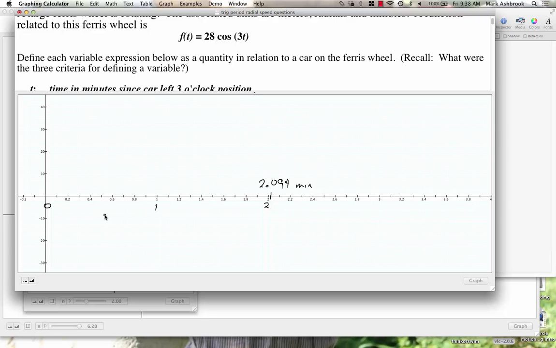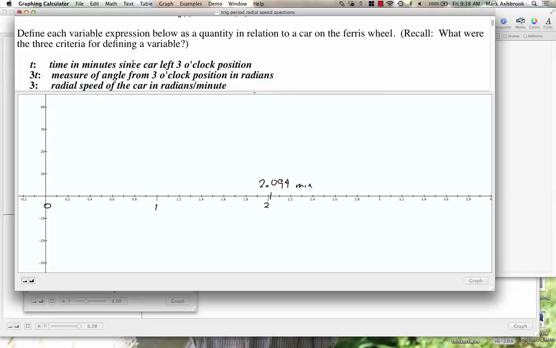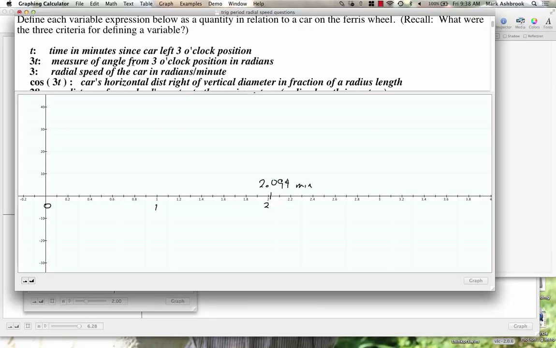That's too big. 0.52 times 4 is going to be 2.094. Oh, right, because 2 is in the hundredths place. Sorry. My fault. Okay, so 0.52.